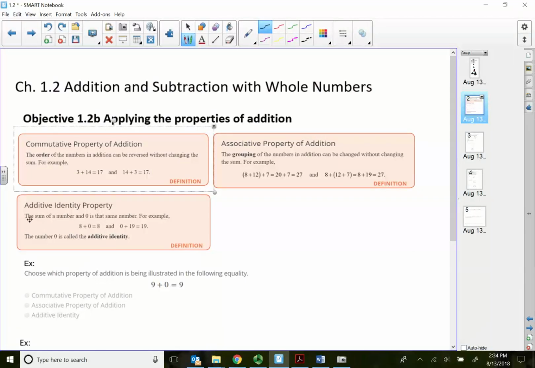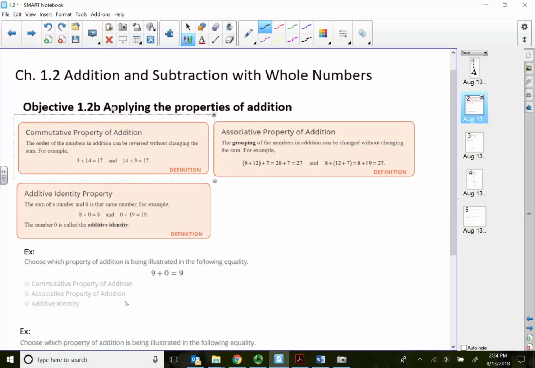All right, this one is called the additive identity property. The sum of a number and 0 is that same number. So what that's saying is 0 will be the identity for addition. Any number plus 0 shows itself. So the 0 is the identity under addition.